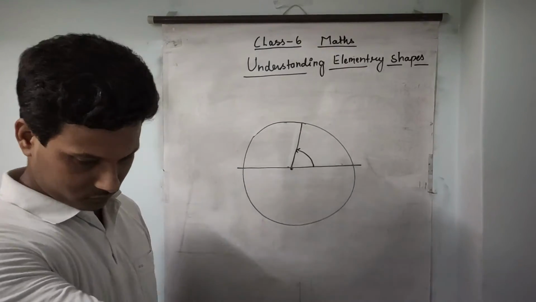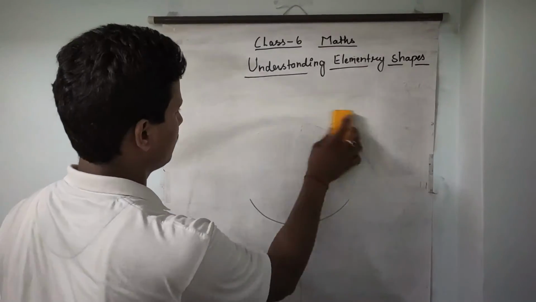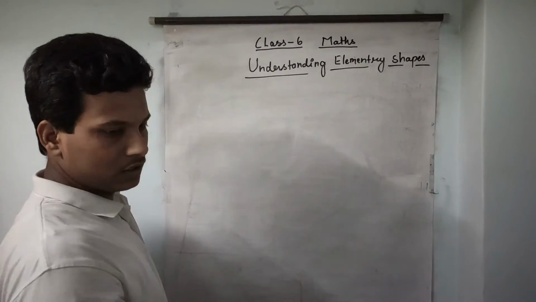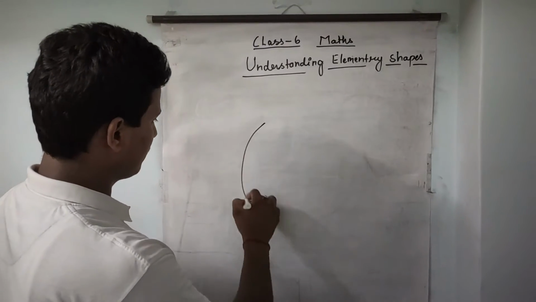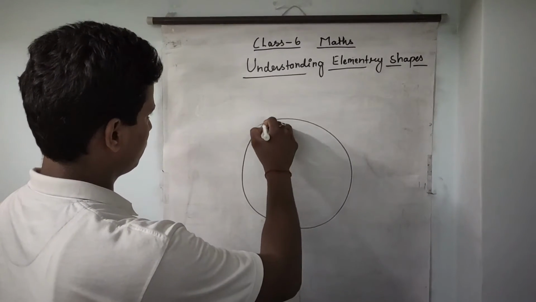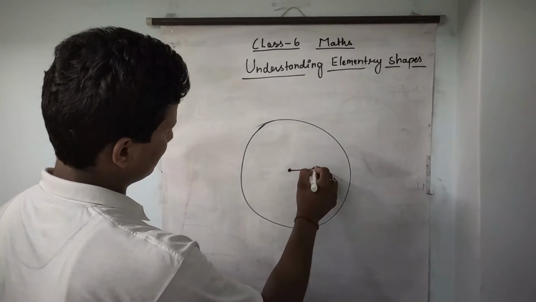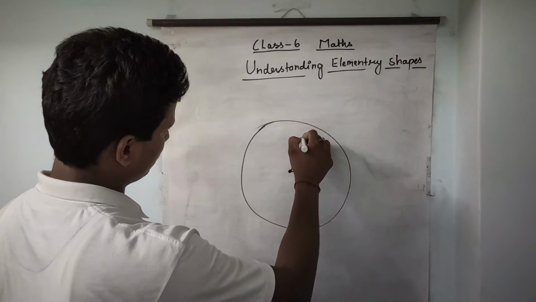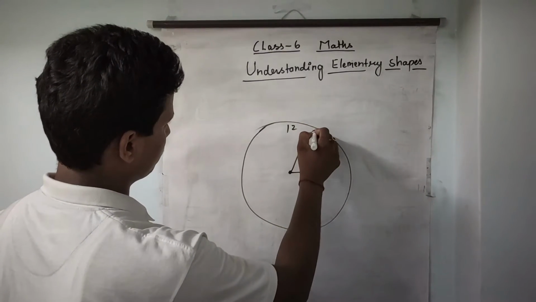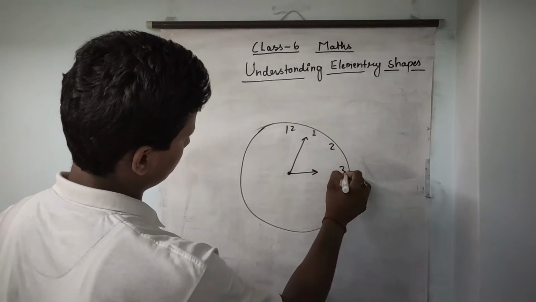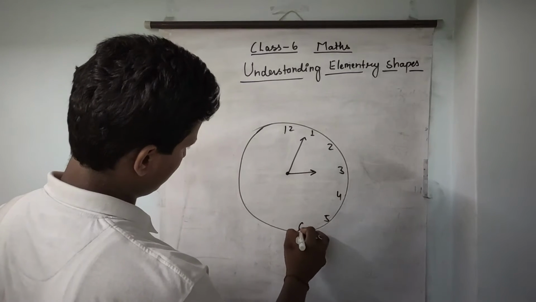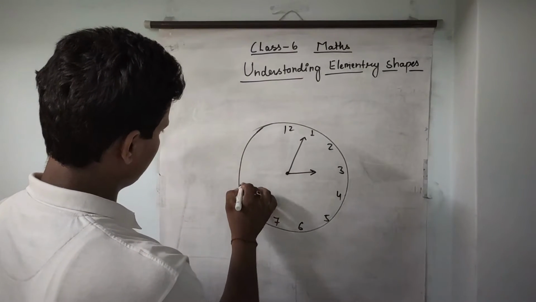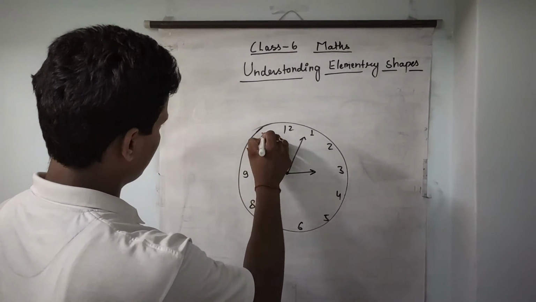Now the next part is our clock. In a clock there are also angles. This is a circular clock, this is the hour hand, this is the minute hand, and these are 12, 1, 2, 3, 4, 5, 6, 7, 8, 9, 10, 11.